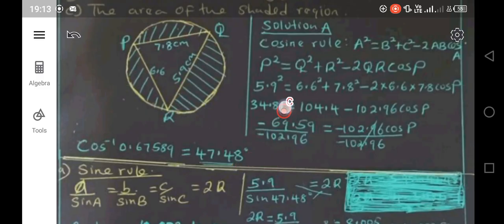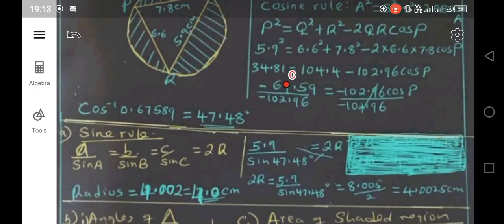Now, how can you find the radius of this circle? It needs us also to use what we call the sine rule, where a over sine A is equal to b over sine B is equal to c over sine C is equal to 2r. 2r here means the diameter, from which we get the radius.